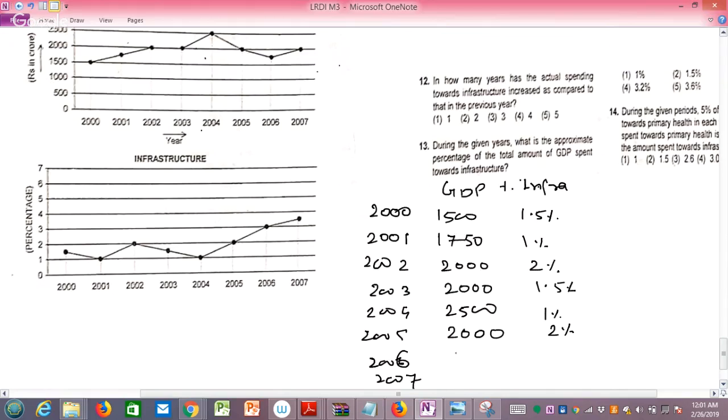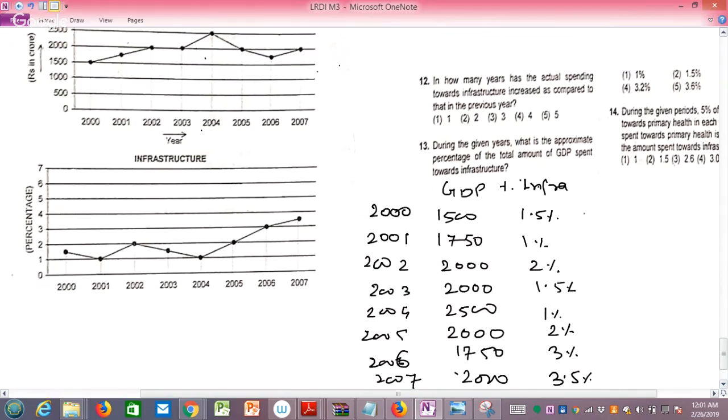And then 2006 में it is 1750 का 3%, and then 2000 का 3.5%. Simply calculation, how many years the actual spending towards infrastructure increased as compared to previous year.